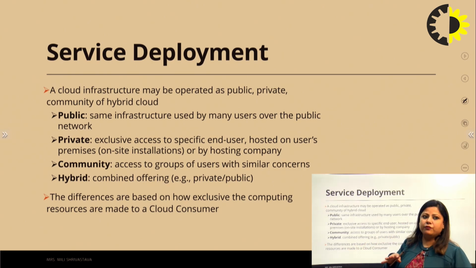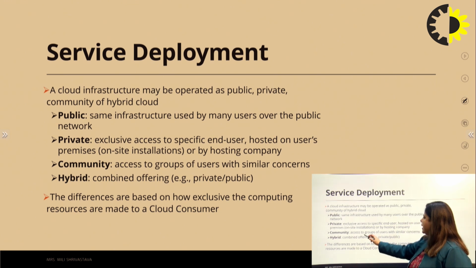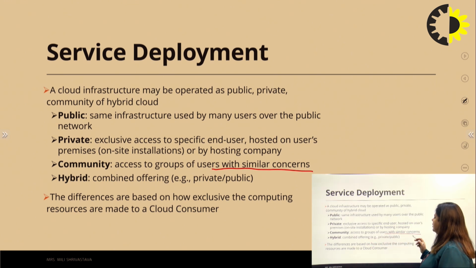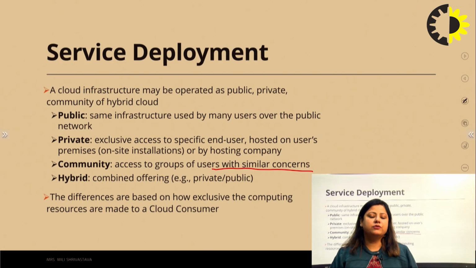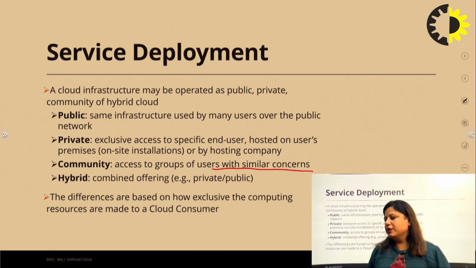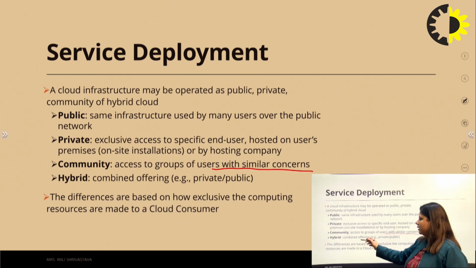In the case of community cloud architecture, access is for a group of users who have the same concern or the same problems, and they can share them within the community architecture.